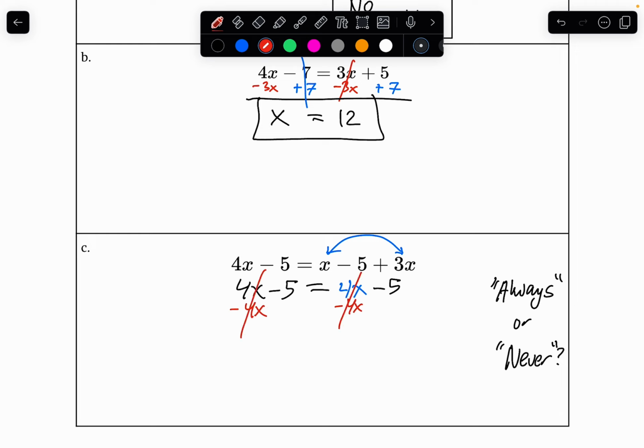Subtracting 4x gets rid of the 4x's. And adding 5 if you want to as well, gets rid of the 5's. We're left with 0 equals 0. Or you can even have negative 5 equals negative 5. Whatever was on your paper, hopefully you said that this is always.